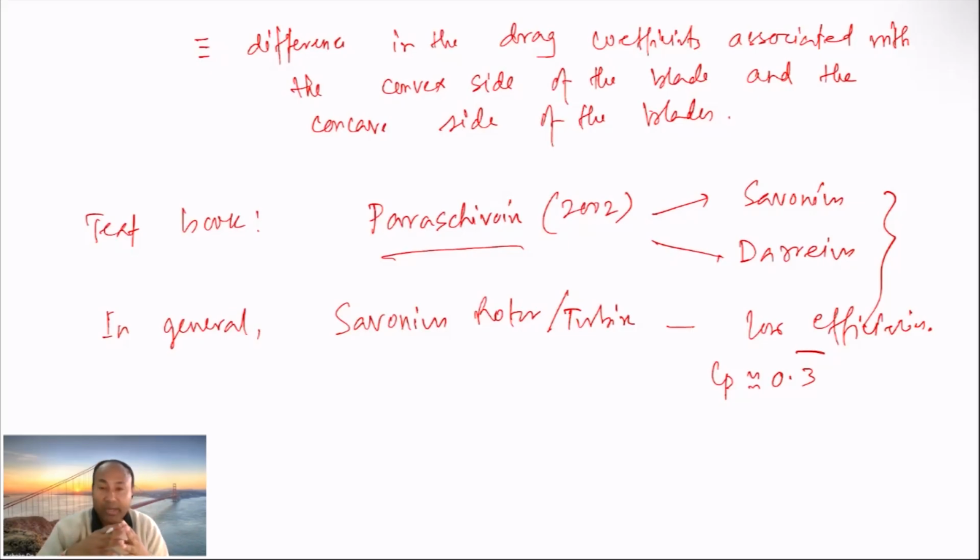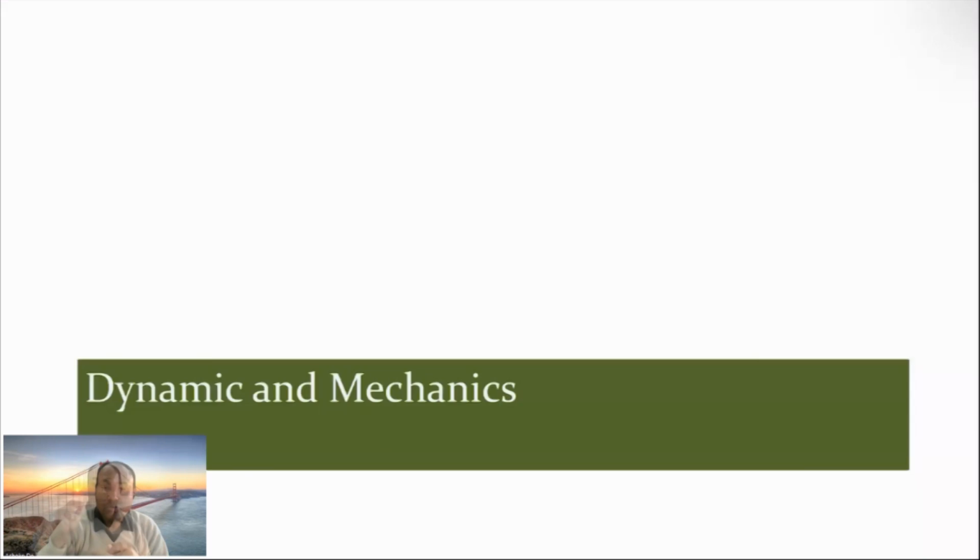We look at some of them component-wise, and then we move to looking at the whole turbine unit and its loads. So we are going to look at the mechanics and dynamics of wind turbines. We start with some component level analysis.